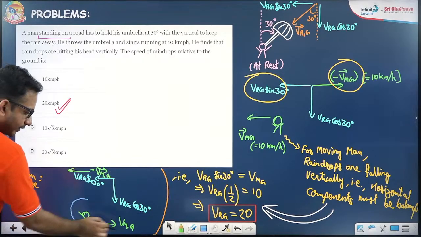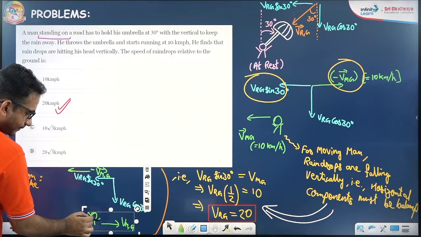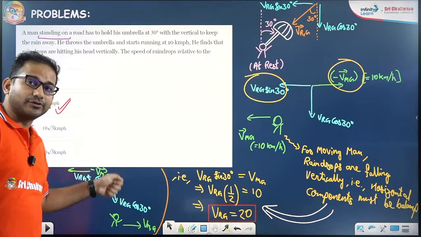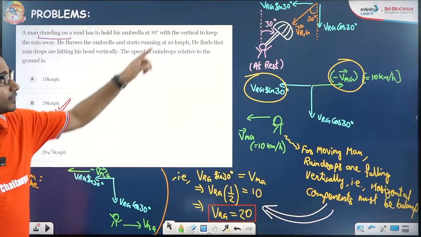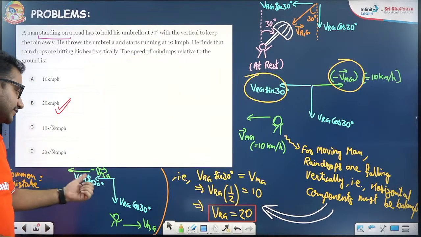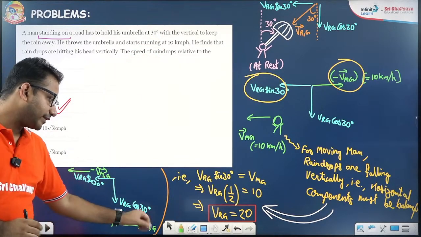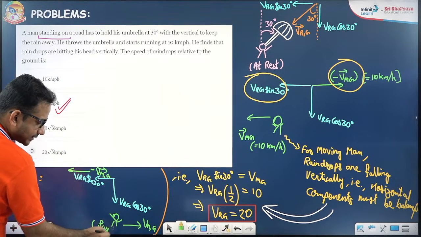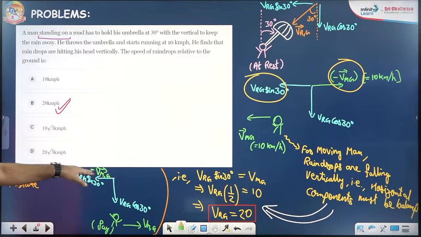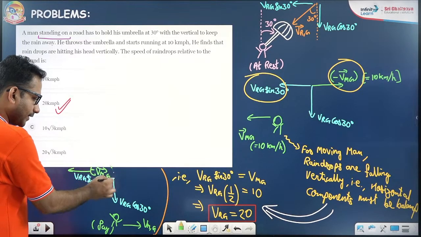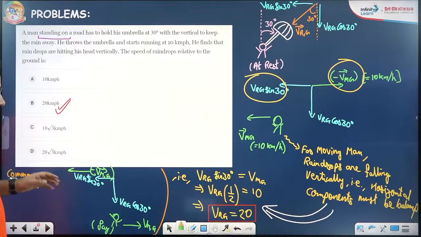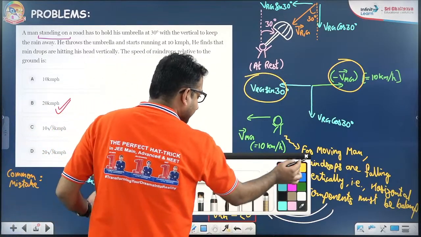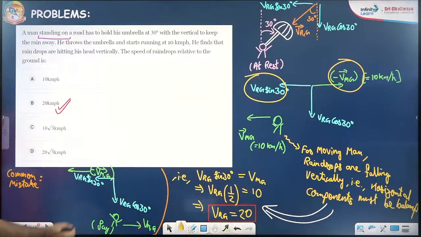Okay. Now understand it this way, that VRG cos 30 degrees component is downwards. VRG sine 30 degree component is leftwards or towards west. Suppose the man is moving in this direction, then definitely this component will increase. If this component increases, then instead of making 30 degrees, it will be making a much bigger angle with the vertical.